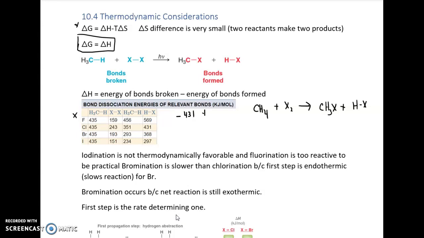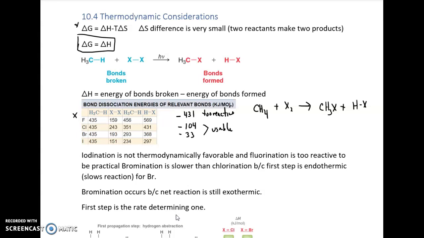This is almost too reactive. Chlorine is minus 104 in the good range, and bromine is minus 33. So these are usable.